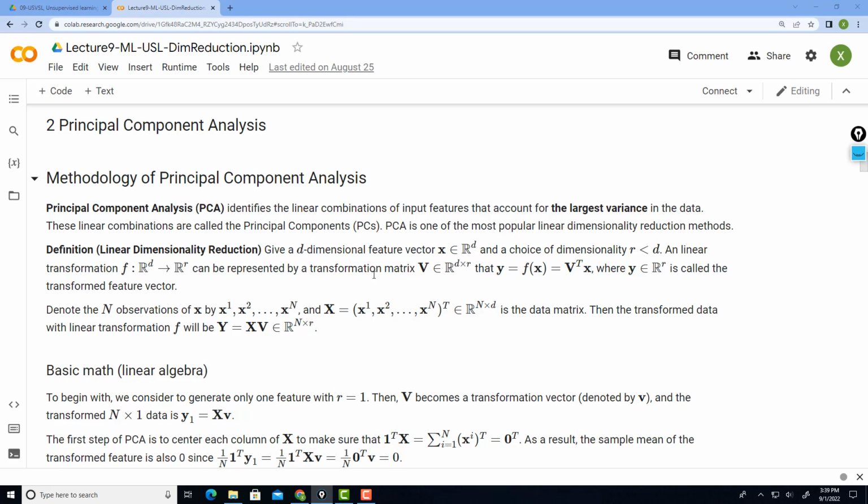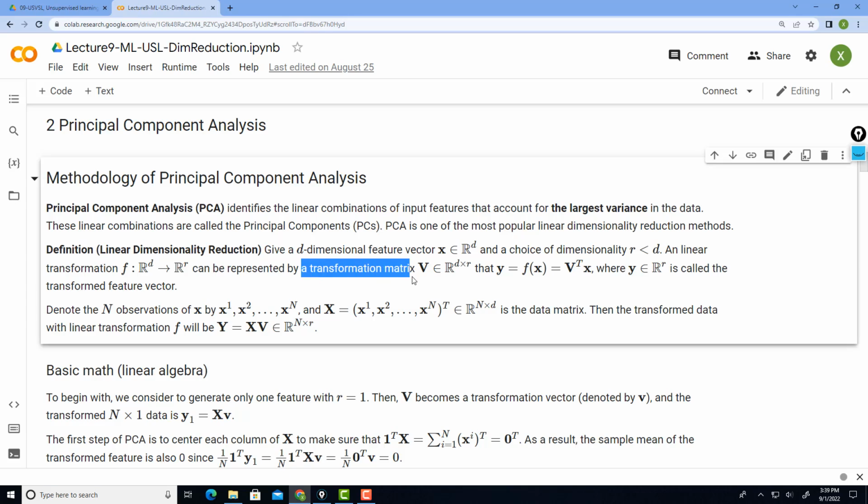Because it's a linear projection operator, we can use a transformation matrix or projection matrix V, which is a D times R dimensional matrix, to derive the linear projection. If you know this transformation matrix or function, then given a feature vector, you can do the projection to find the reduced representation Y.